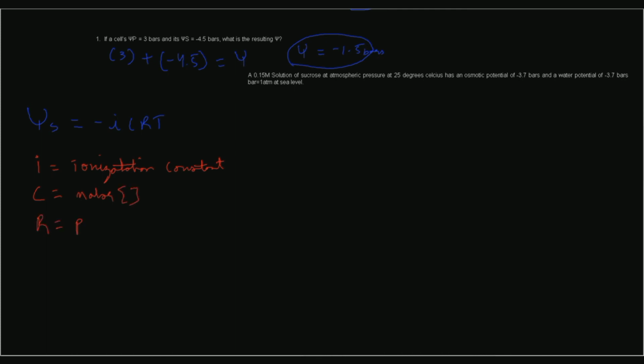R is the pressure constant, which is 0.831 bars. It's liters, bars, per something, but you don't really need to know the exact units. And then you have T, which is temperature in Kelvin. Remember that, and that would be plus 273.